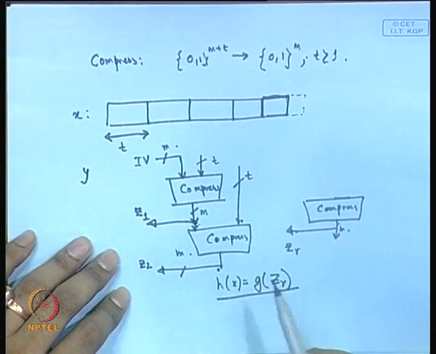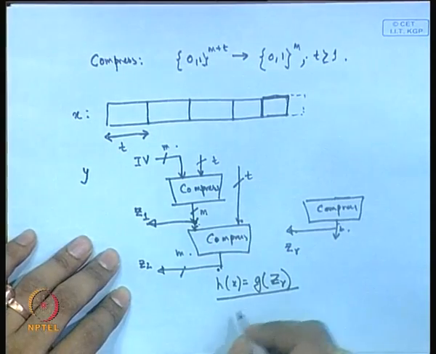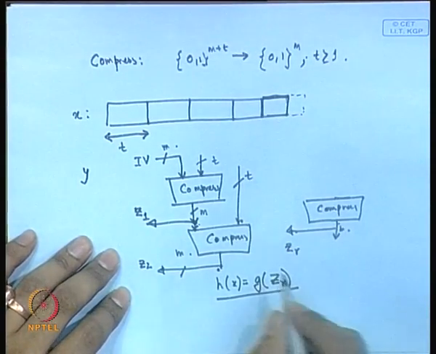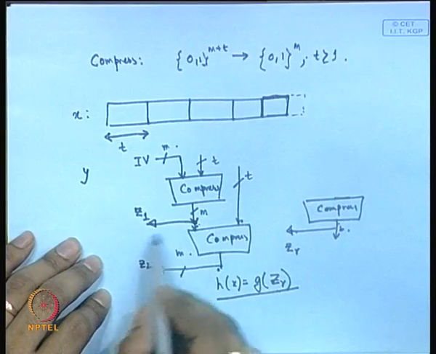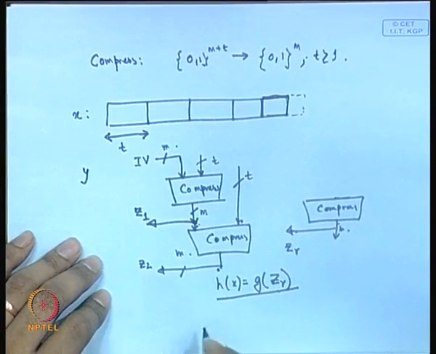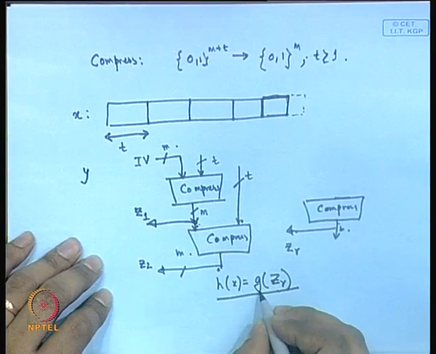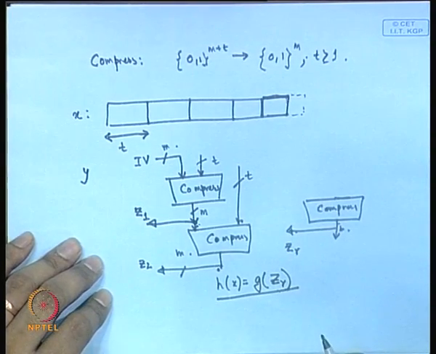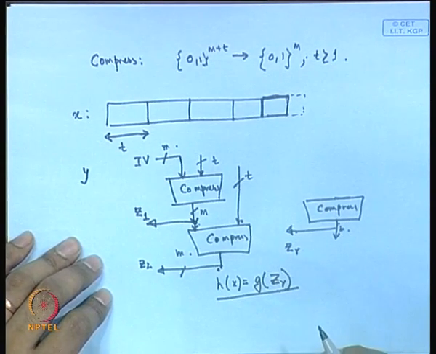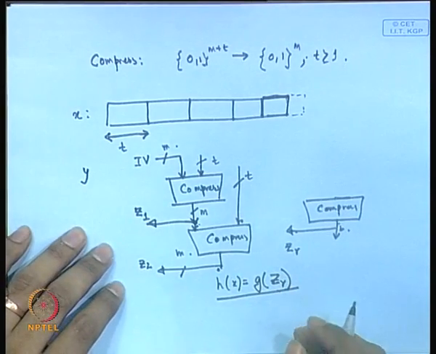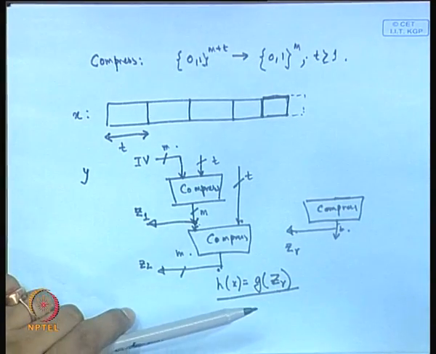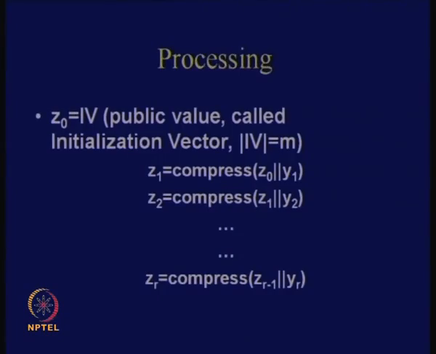The final zr which you obtain, the rth value among z1, z2 and so on, is sometimes given an optional transformation, sometimes not. Optional means sometimes you don't apply it. So g of zr is called h of x. This is the basic idea behind iterated hash functions, which I have already told you.